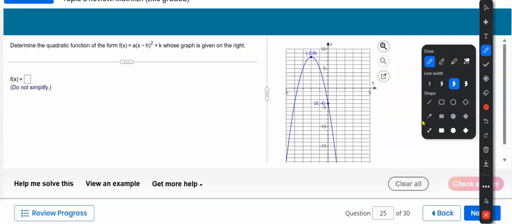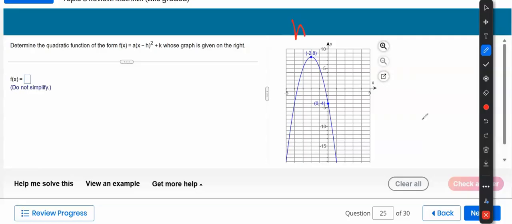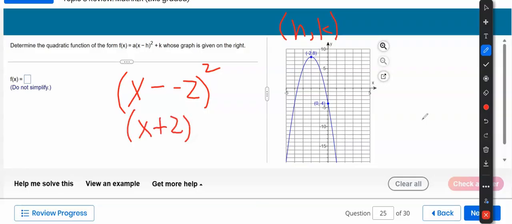That h is positive 2. Well, h is actually negative 2, but I do know what you mean. Because if you put a double negative inside the parentheses, doesn't it turn into a positive? Mm-hmm. Yeah. What goes on the outside for k? 8.